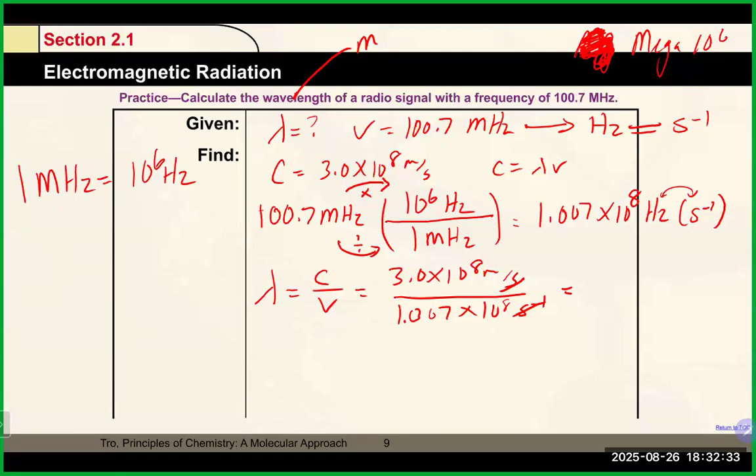In this particular case, we will end up with about 2.98 meters, which is a typical wavelength of radio waves. Any questions up there? That's also a much longer wavelength than, say, our red light, which is a visible part of the spectrum and has a much smaller wavelength. Any questions on the calculation? Yeah.